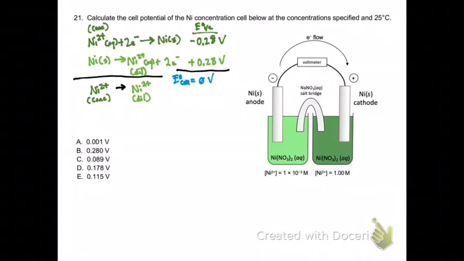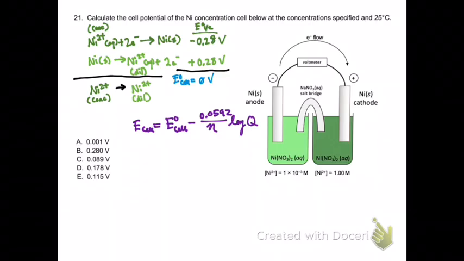So we can actually use the Nernst equation to figure out the voltage of the cell. Remember, the Nernst equation is E cell is equal to E standard of a cell minus 0.0592 divided by n times the log of Q. And it's this Q here that's actually going to end up giving us a voltage. So let's plug in our values.